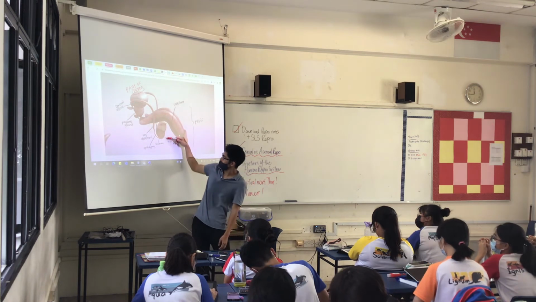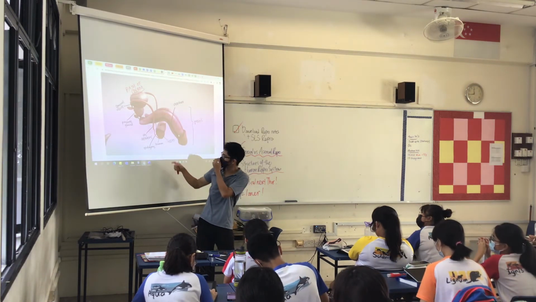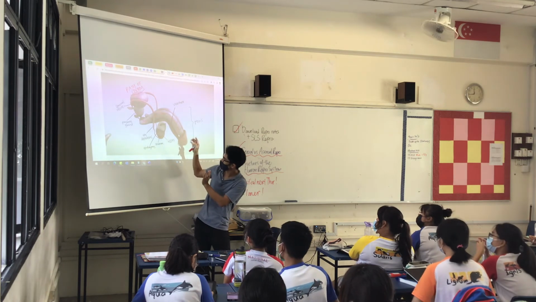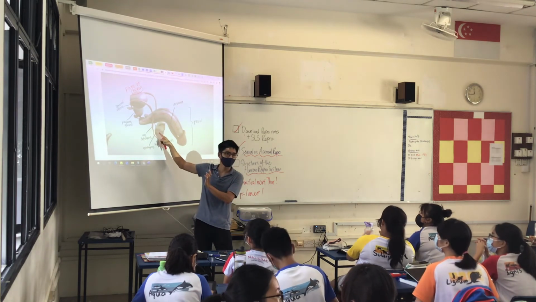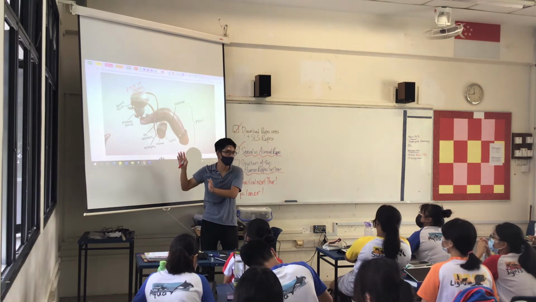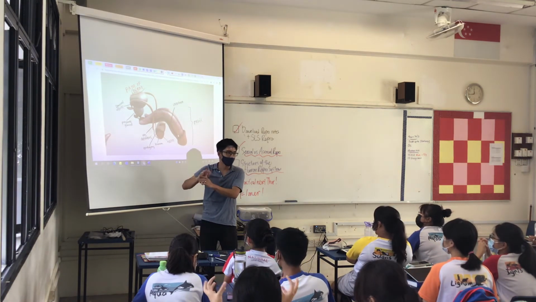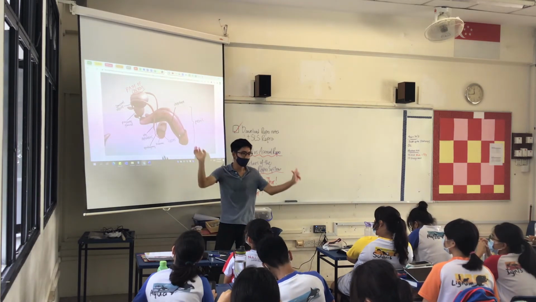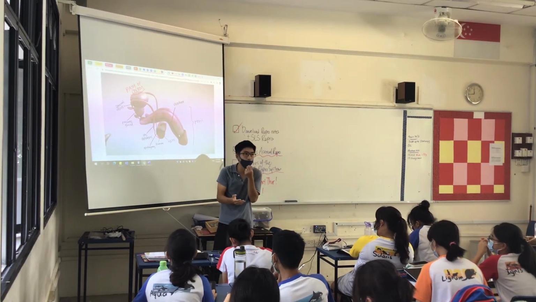Okay, let's look at other parts. The scrotum. Debbie, where do you label the scrotum? This one? Bottom part. Okay, what all the images do not show is the scrotum. So you need to know that the testicles don't just hang free and they are not embedded within the male.